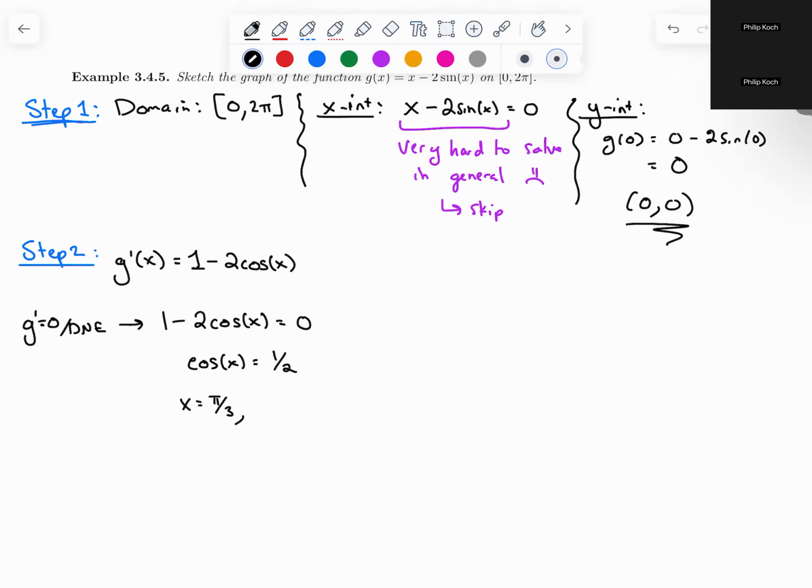And then cosine is positive in the first and fourth quadrants. So that's pi over 3, 2 pi over 3, 3 pi over 3, 4 pi over 3, 5 pi over 3. Not 5 pi over 5, that'd be ridiculous. Right? We all good with that one?